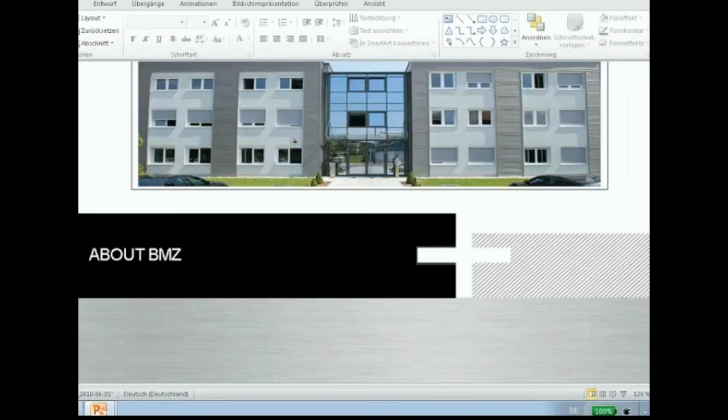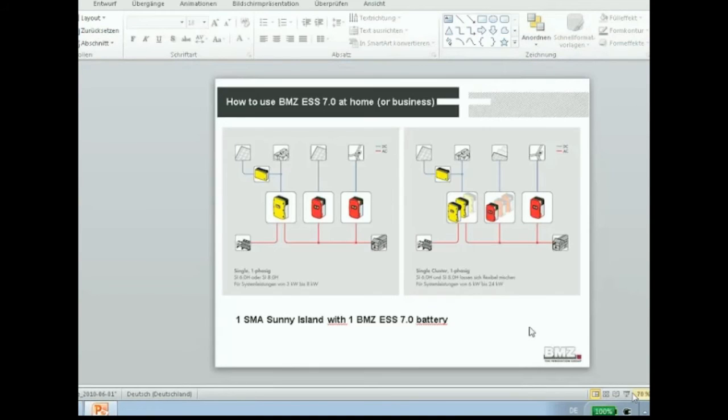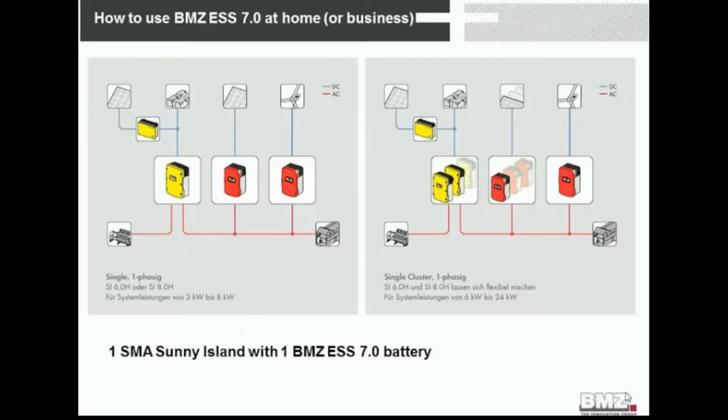I will move to my own presentation, how to use BMZ ESS at home. It's very simple. You need the battery, of course, for storing energy, let's say for evening or night, or if you have a bigger application for the day.